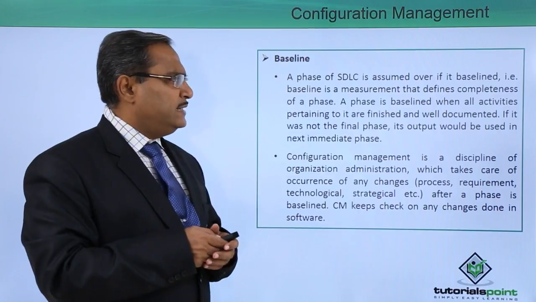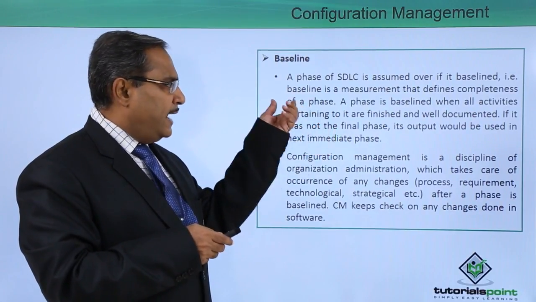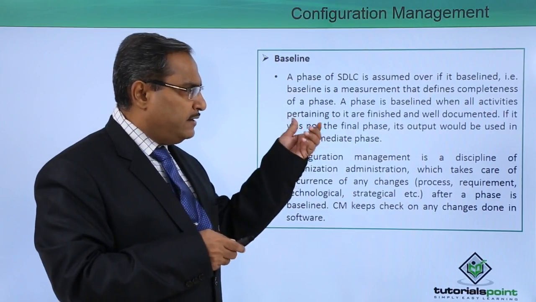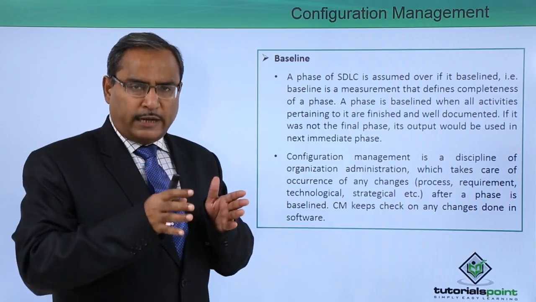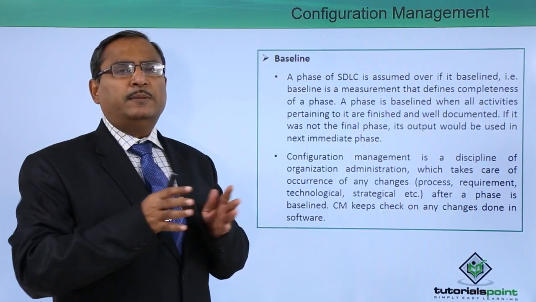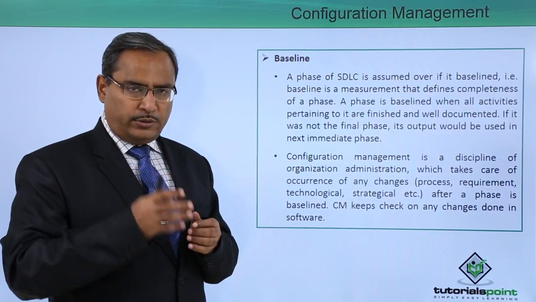A phase of SDLC is assumed over when it is baselined, that is, baseline is a measurement that defines completeness of a phase. We know that in SDLC, we have multiple different phases through which software development takes place.